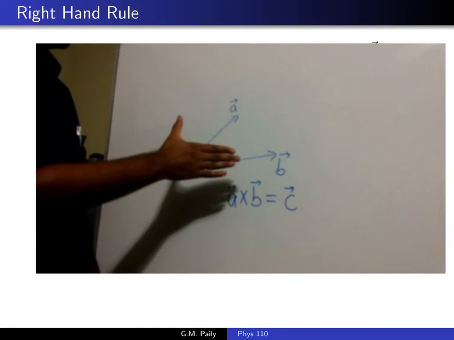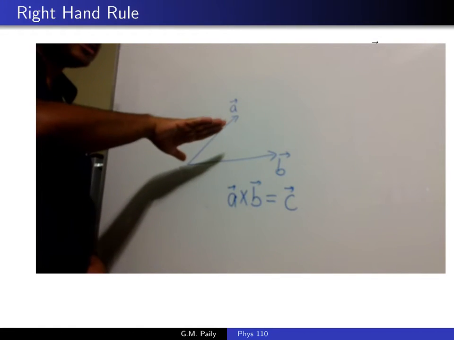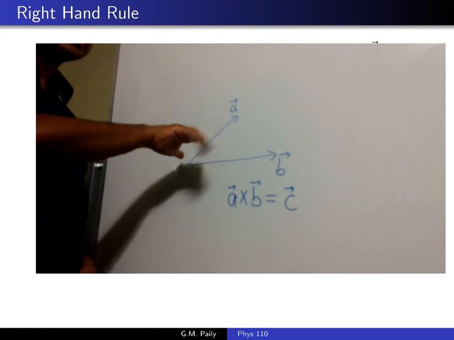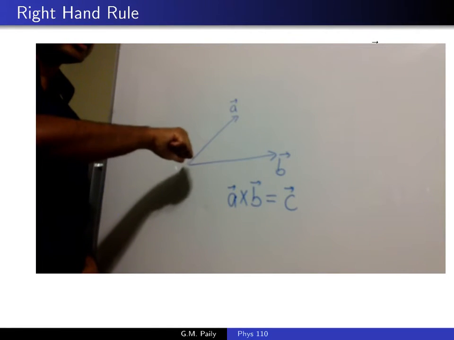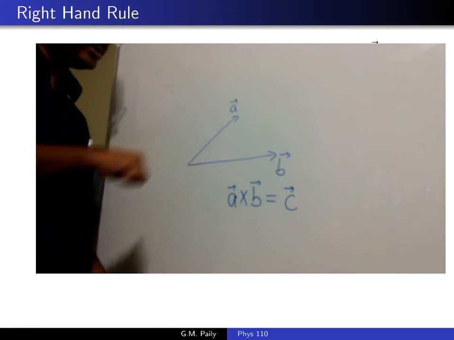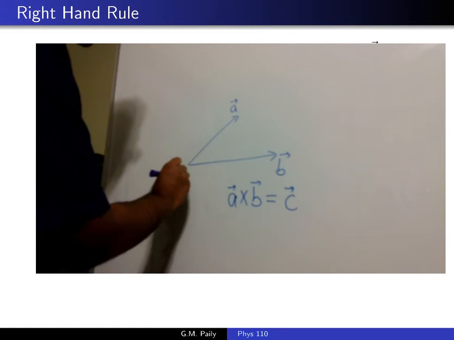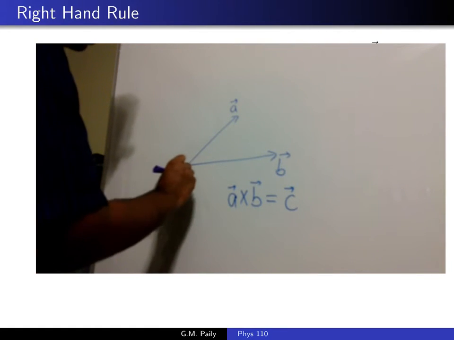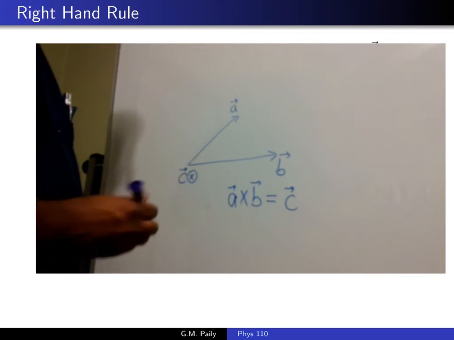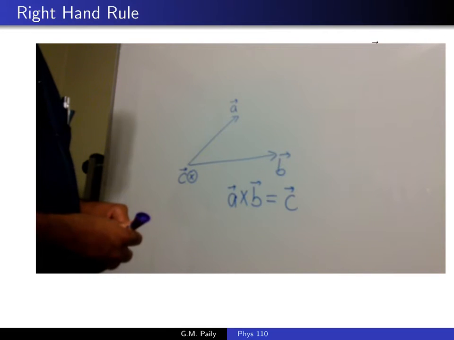My thumb points perpendicular to my fingers, and in this case you can see that my thumb points into the board. And so we say that vector C points into the board, which is denoted by a circle with an X in it.